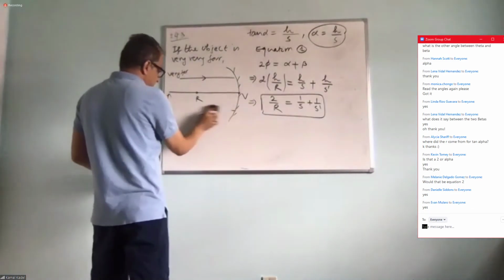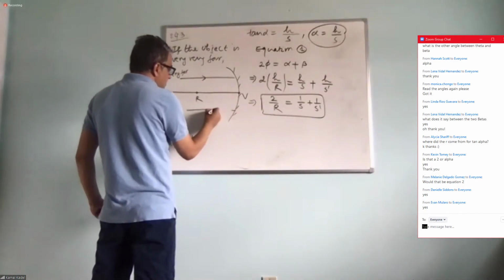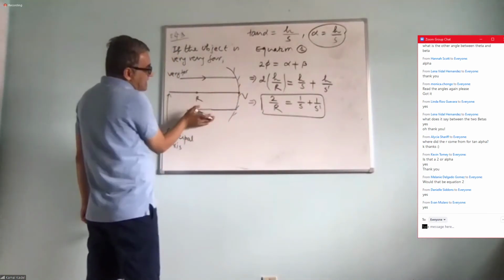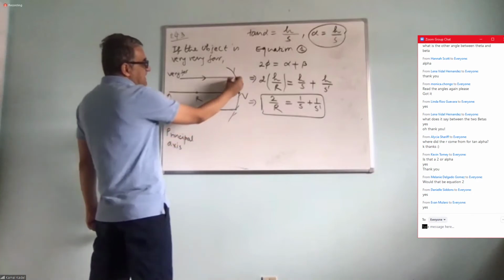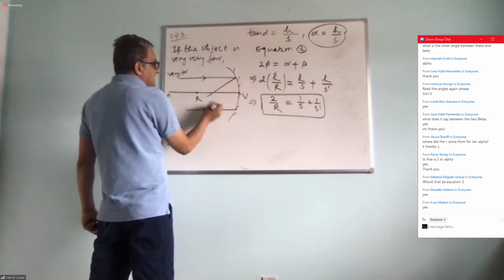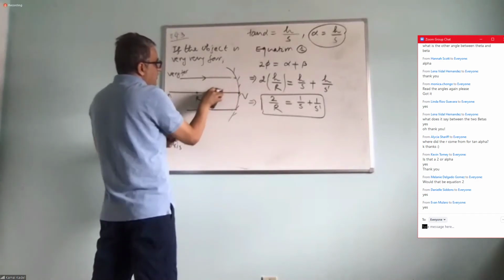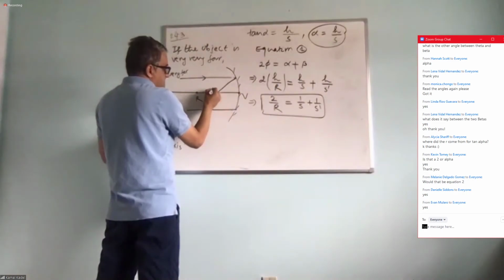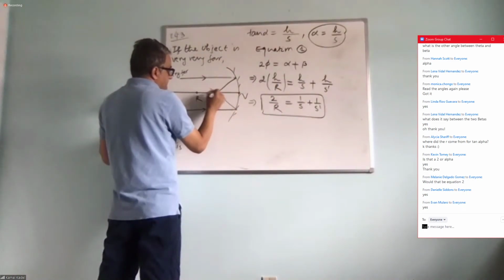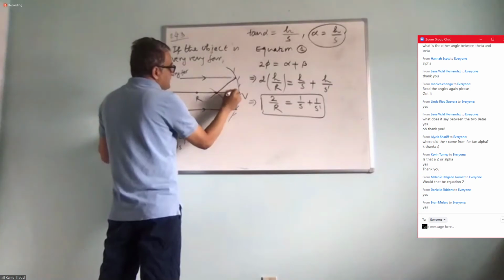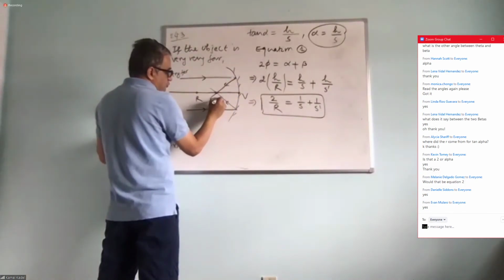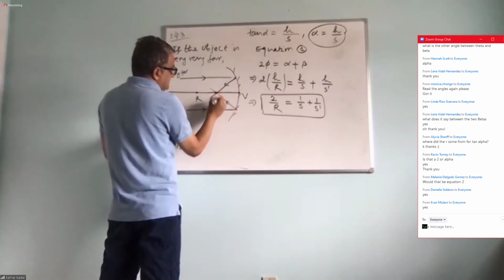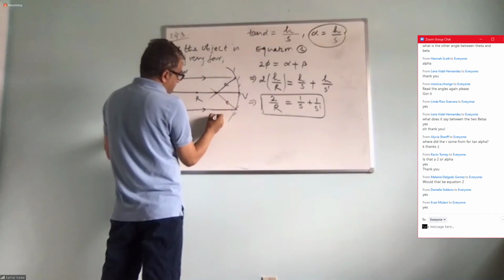So the incoming rays will come parallel. And when these parallel rays, the rays parallel to the principal axis, reflect, they will meet at a certain point, like this, and that is where the image is formed. So this is the image point here, and this is the image distance from here to there.